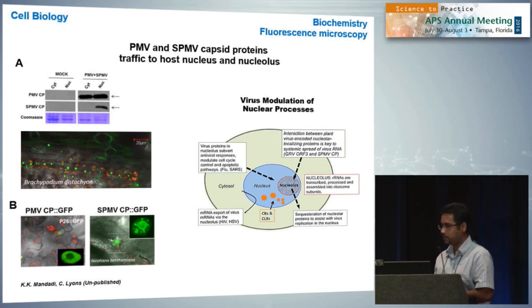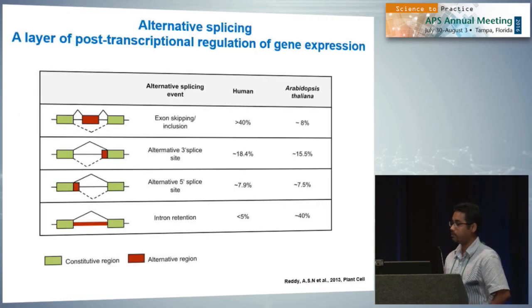In addition, alternative splicing is important for virus interactions. There's not that much known, but the classic N gene that you are probably already familiar with is also alternatively spliced. Not much is known beyond that there are two forms of the N gene. So we set out to study alternative splicing changes occurring in plants during virus interactions.